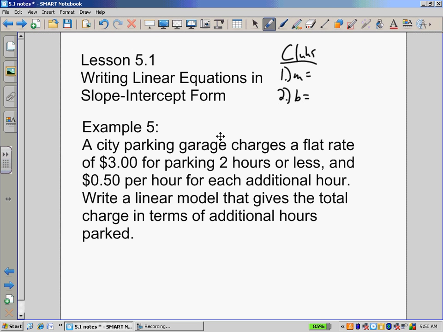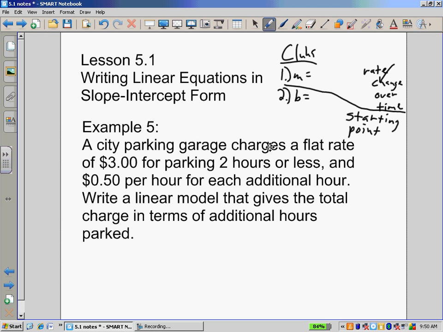In terms of a word problem, m is going to be some sort of a rate, some sort of a change over time. It's going to be constantly changing. B is going to be more of a starting point of some kind, some place where you're starting.